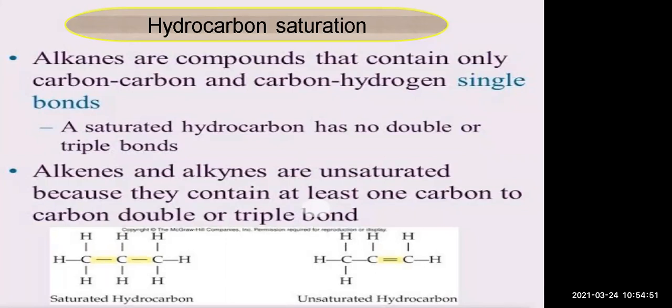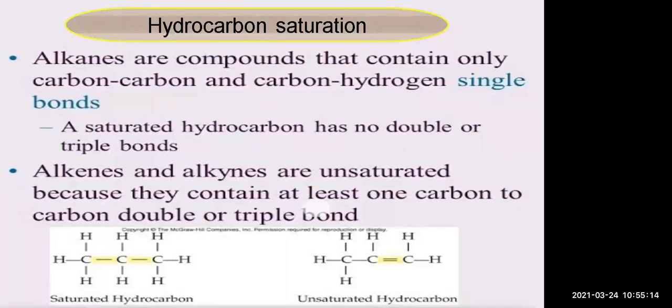And whenever the alkenes and the alkynes contain a double or a triple bond, in that case that is known as an unsaturated hydrocarbon. That means if a single bond is present, then that is a saturated hydrocarbon. But if a double bond or triple bond is present, that is an unsaturated hydrocarbon.